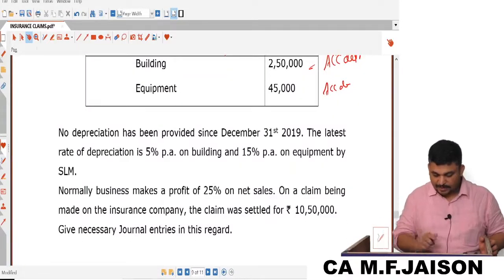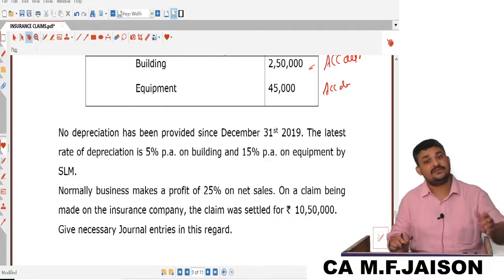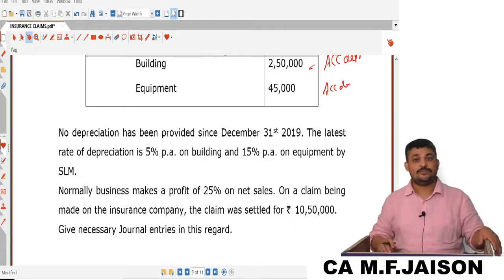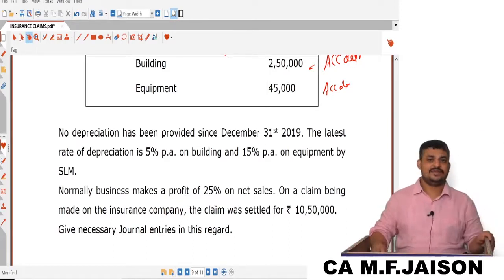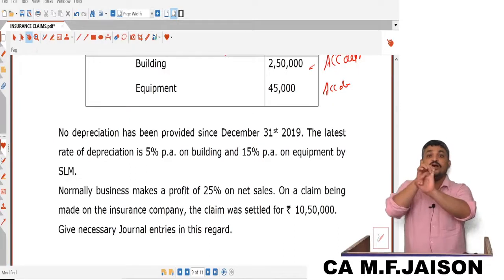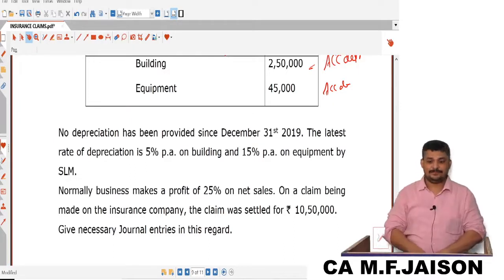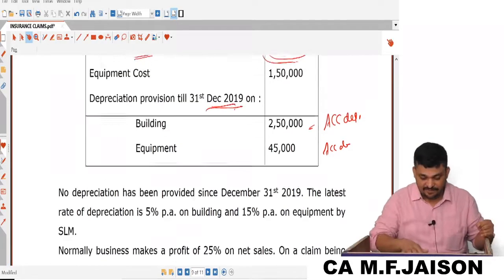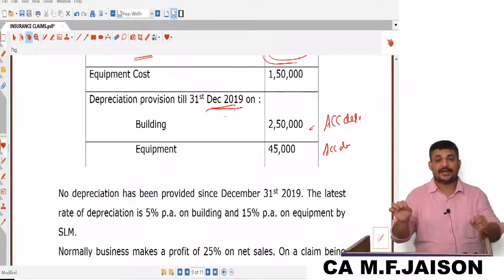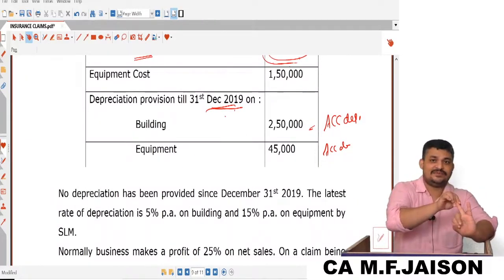It is given that the business normally makes a profit of 25% on net sales. So a 25% margin is given. Straight away, what can we do now? First find out stock on the date of fire. Then you can have a separate working for building and equipment on the date of fire.